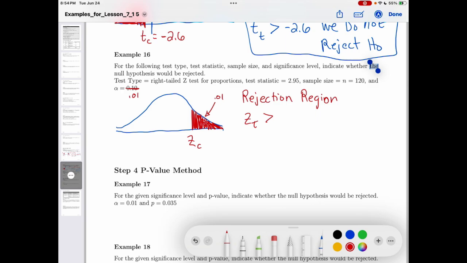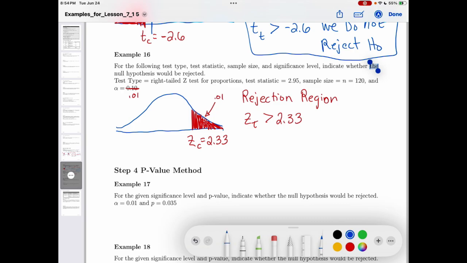So you've got to go into GeoGebra and work backwards and find that cutoff point, so that it gives us the boundary for our rejection region. When you do that, you should find that your z-critical is 2.33. So if our test statistic is greater than 2.33, it's going to fall in that rejection region.